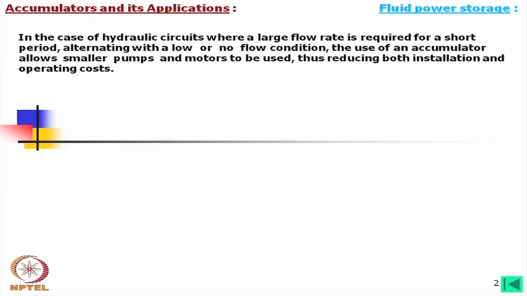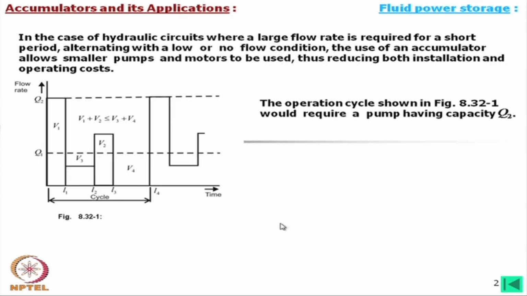Now, in case of hydraulic circuits where a large flow rate is required for a short period, alternating with a low or no flow condition, the use of an accumulator allows smaller pumps and motors to be used, thus reducing both installation and operating cost.